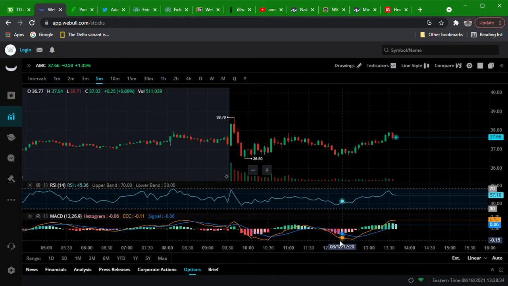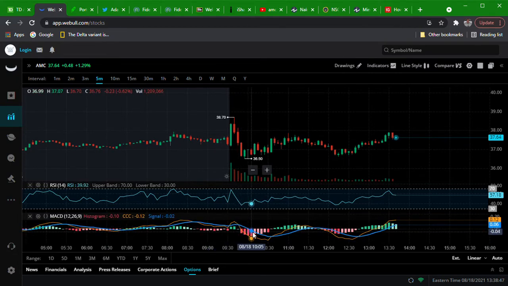You got your MACD line, the yellow line. You got your signal line, which is the blue line. Then you have the histogram, which is all the pretty little bars here. When you see something like this, that's nefarious. That's shorting, crazy stuff happening there. It's insane.